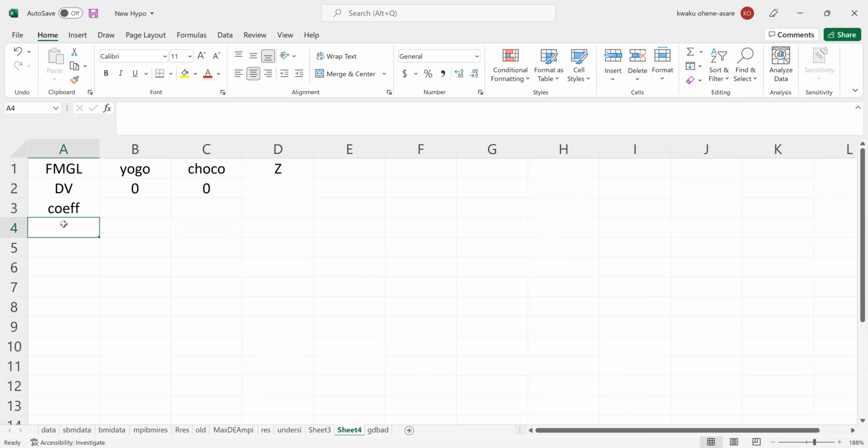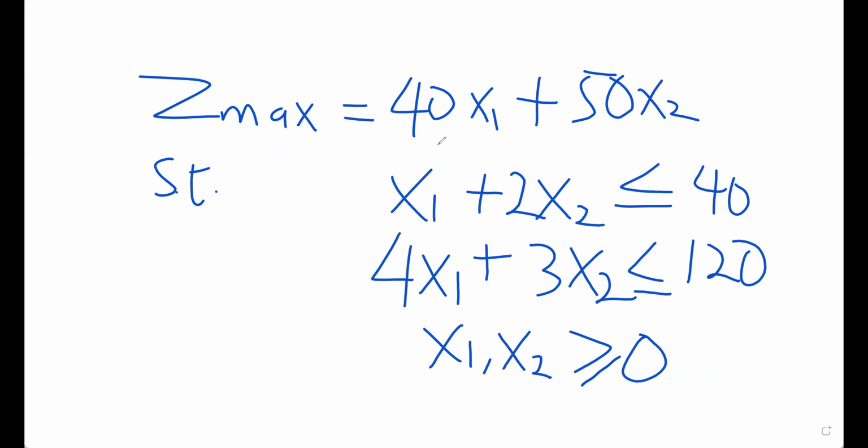Now, this coefficient means that we have to write the per unit profit, the per unit cost, the per unit whatever, and they will represent the coefficient. Now, your formulated model must be in front of you all the time. So whilst I am talking, or you are talking, you must have the formulated model, just like here. You must have this model right in front of you because that's what you are actually formulating.